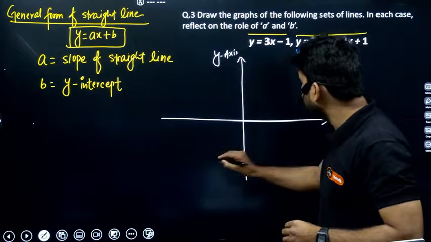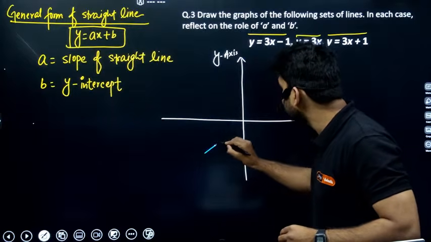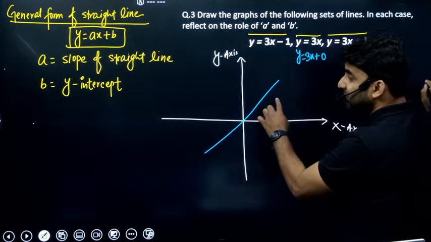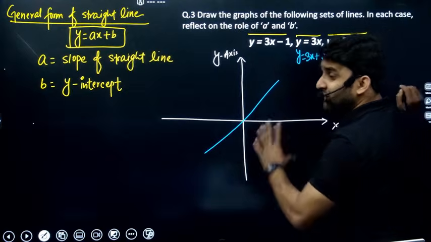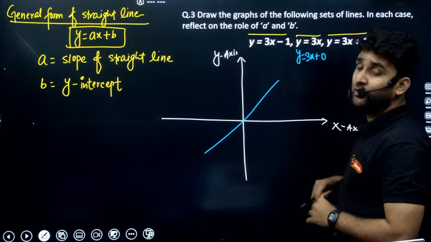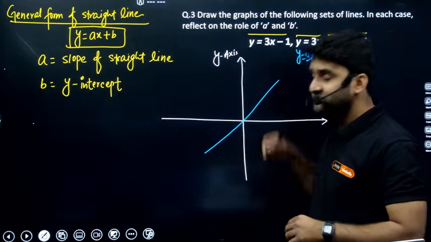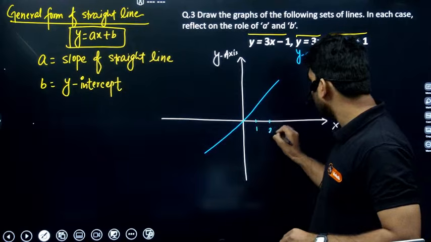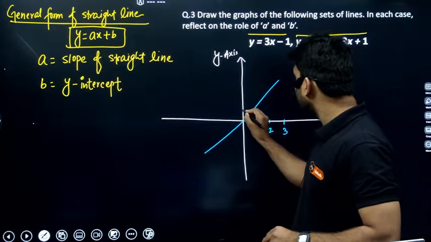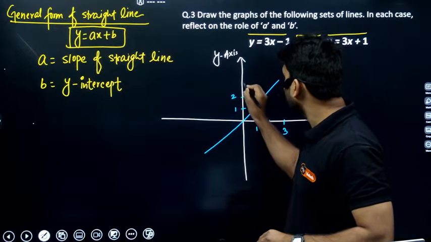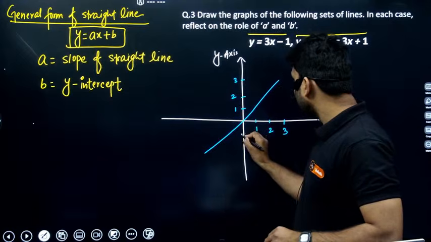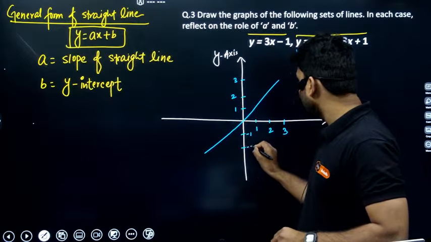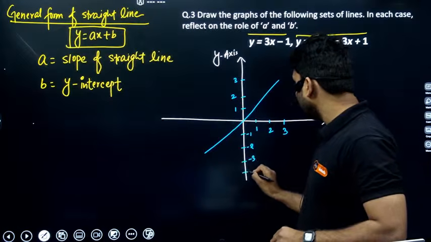So this line will go through the origin, because it will not intersect the y-axis anywhere, as b is equal to 0. So this line will look like this. Let's mark 1, 2, 3 on the x-axis, similarly 1, 2, 3 on the y-axis, and in the downward direction -1, -2, -3, -4.